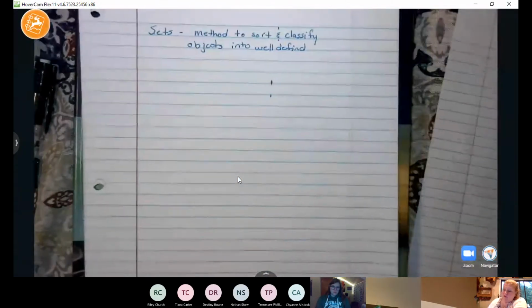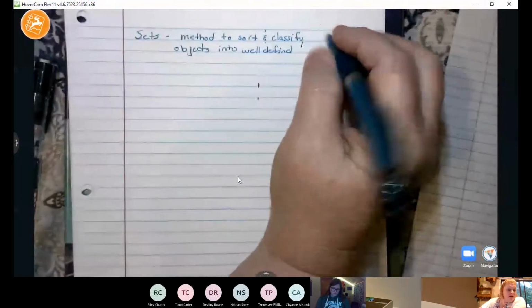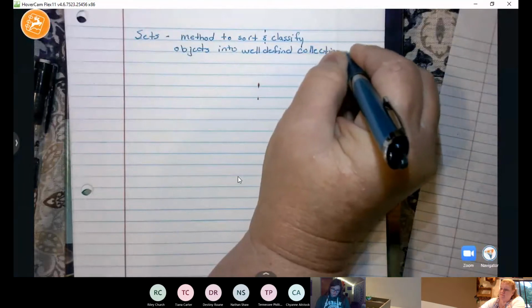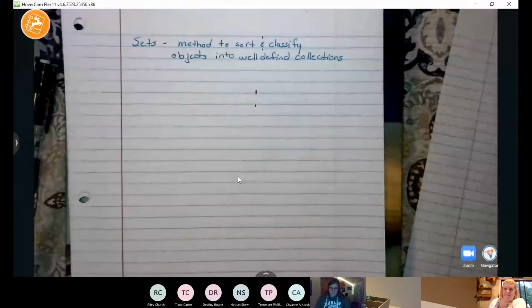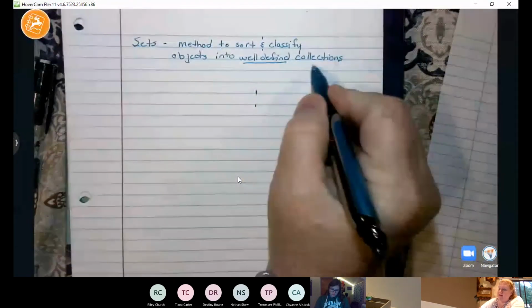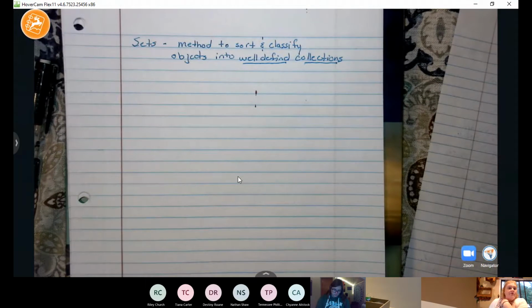So we have a method to sort and classify objects into well-defined collections. Now, some keywords there are well-defined and collections. Those are two components that are important in terms of representing sets.